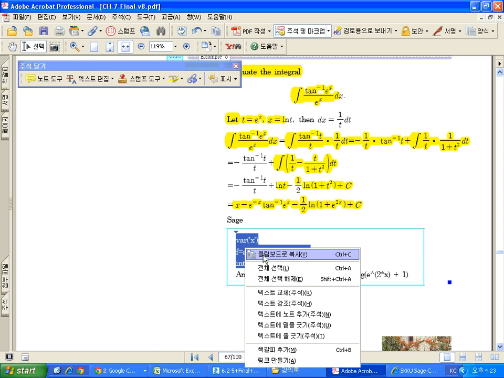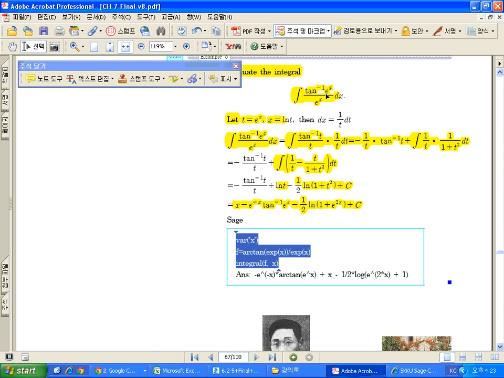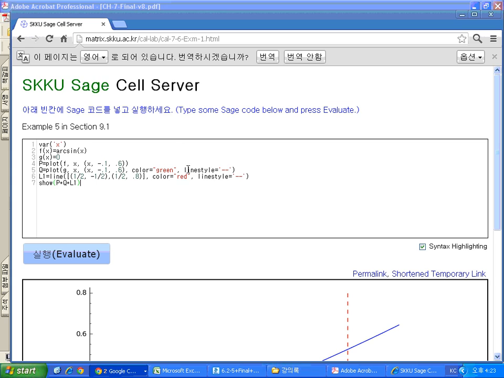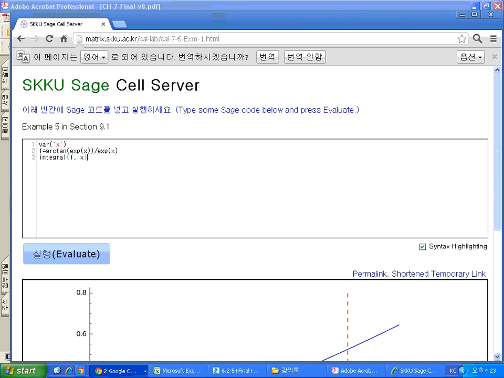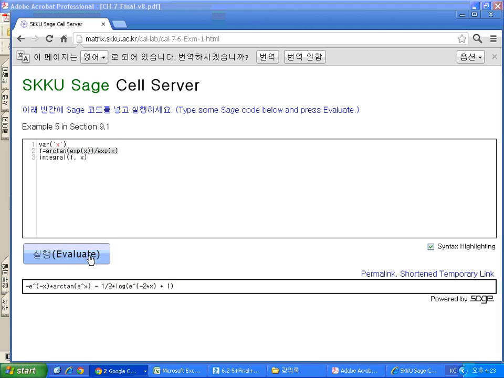For this function, I'm going to find the indefinite integral of arc tangent of e to the x over e to the x with respect to x, which is this.